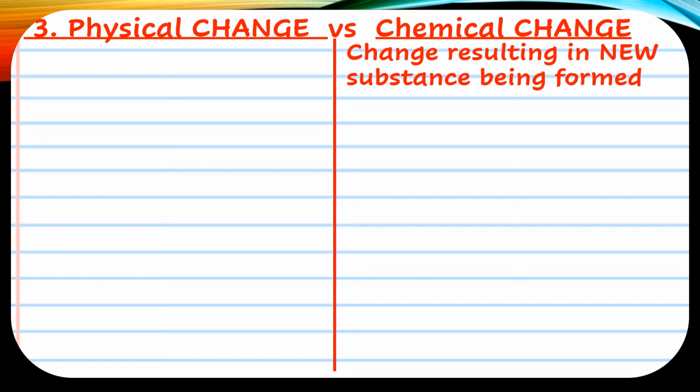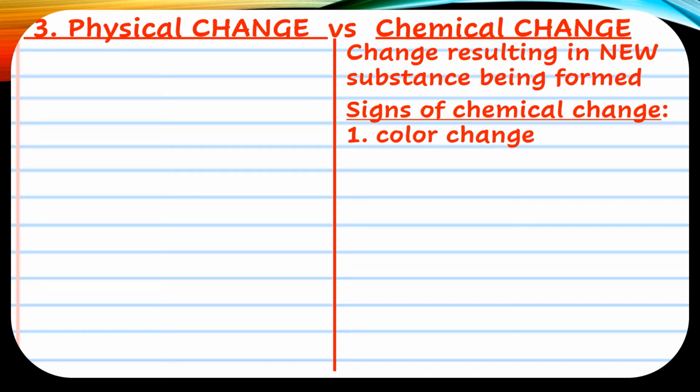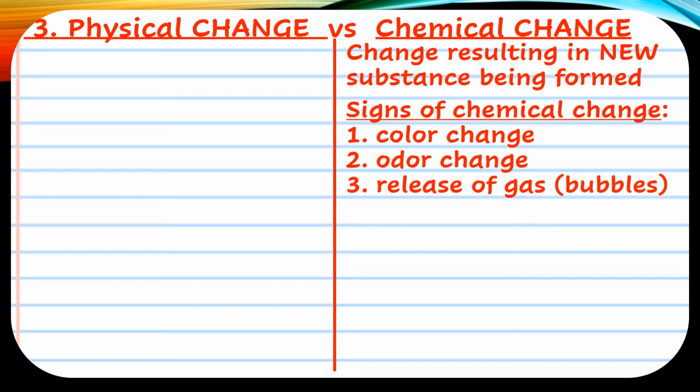But we have to be making something new that wasn't there before. And there are 5 signs of a chemical change: color change, odor change, release of a gas, which if it's in a solution, we're going to see as bubbles forming.